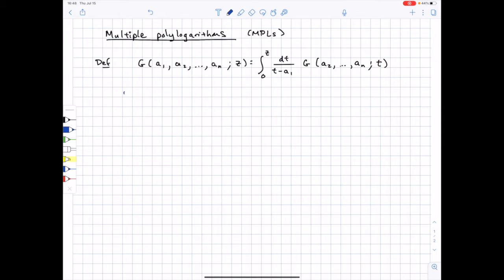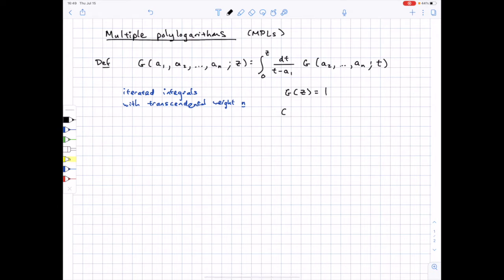And these are iterated integrals of some definite weight, which is transcendental weight. And the starting point here is G of z equals 1.